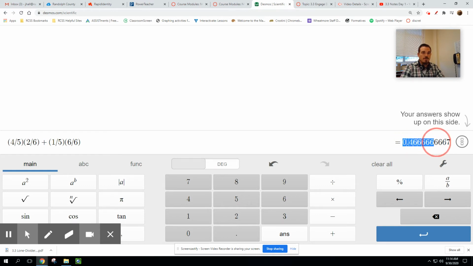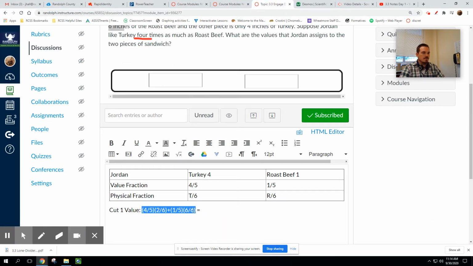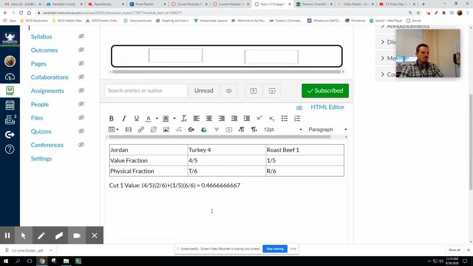We can actually copy paste that and put it into our answer. Where is my Engage? There it is. Boom. And Desmos gives me that answer. Awesome. Or we'll say that this is 46.7%.